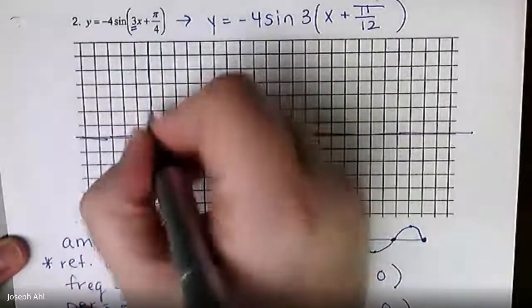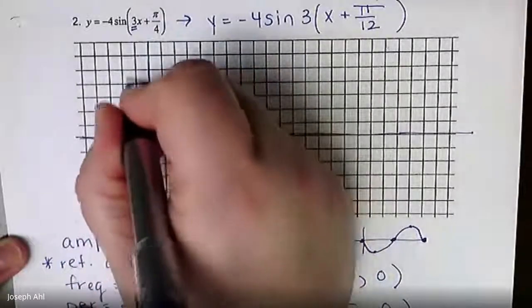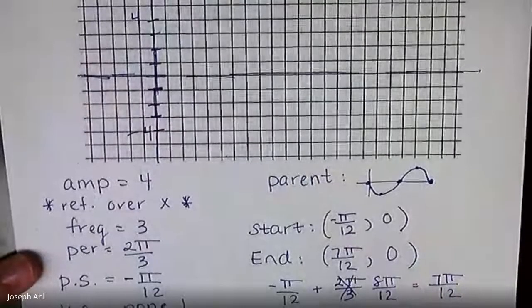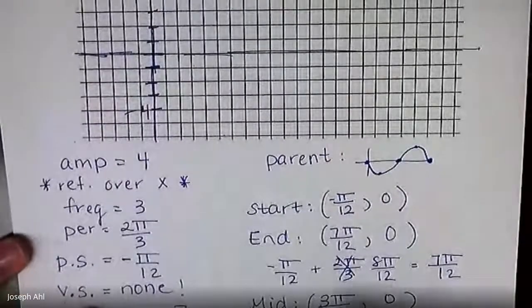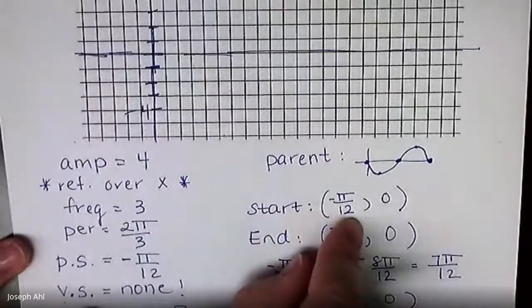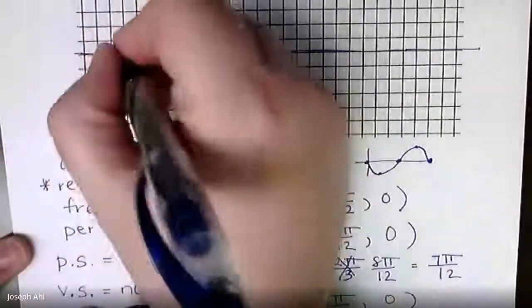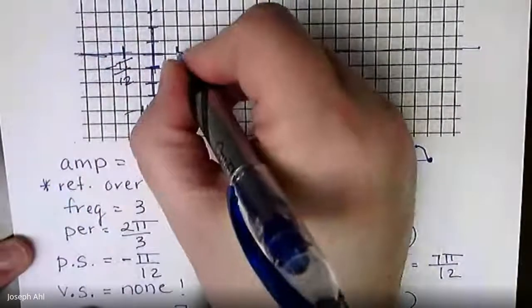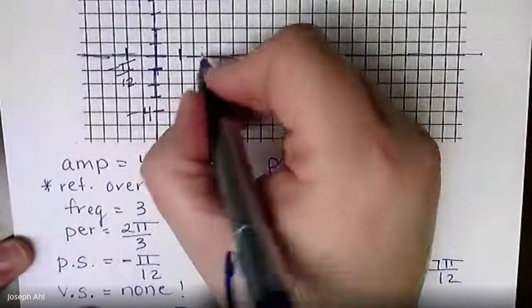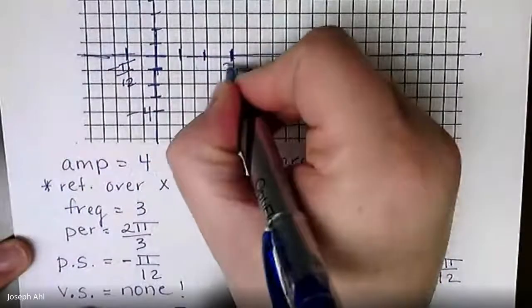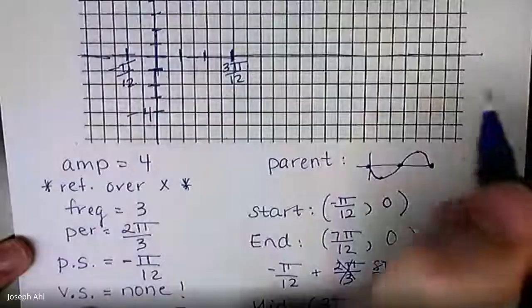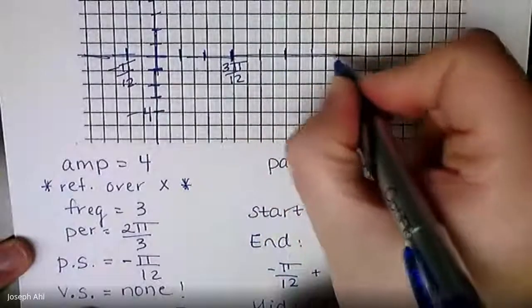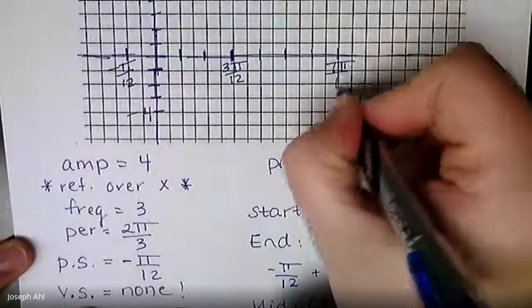I am going to just go up by 1 on the y-axis, -4 to 4. And for the x-axis, every 2 spaces seems reasonable to me again to call that, in this case, pi over 12. You know, if you wanted to extend that a little bit further, you could. But if I call this -1 pi over 12, this is +1. This is 2 pi over 12. I'm going to label 3 pi over 12 because that's midway through. 4, 5, 6, and then finally 7 pi over 12.